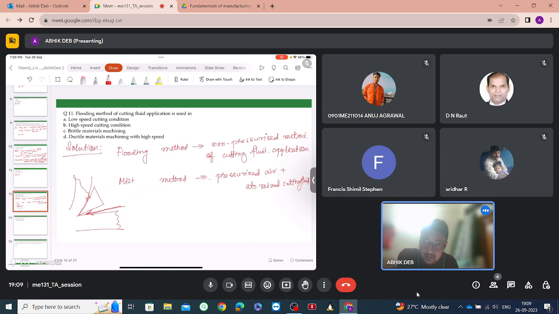What I am asking is, if the cutting speed is high, can the cutting fluid reach these small places easily or with difficulty?